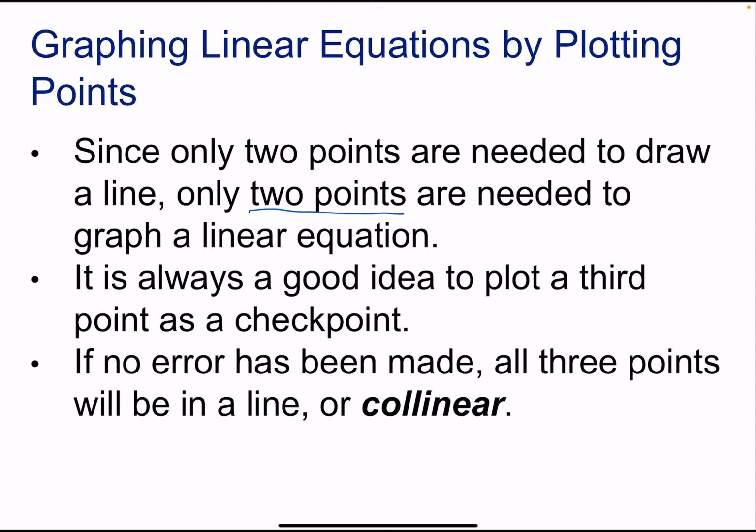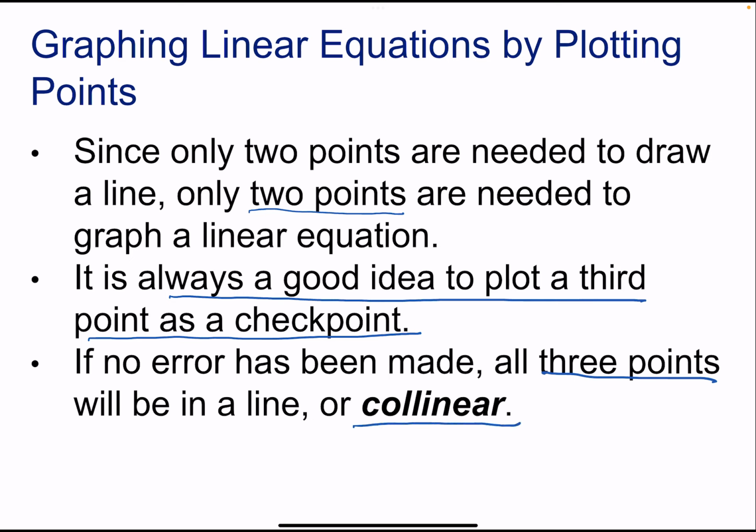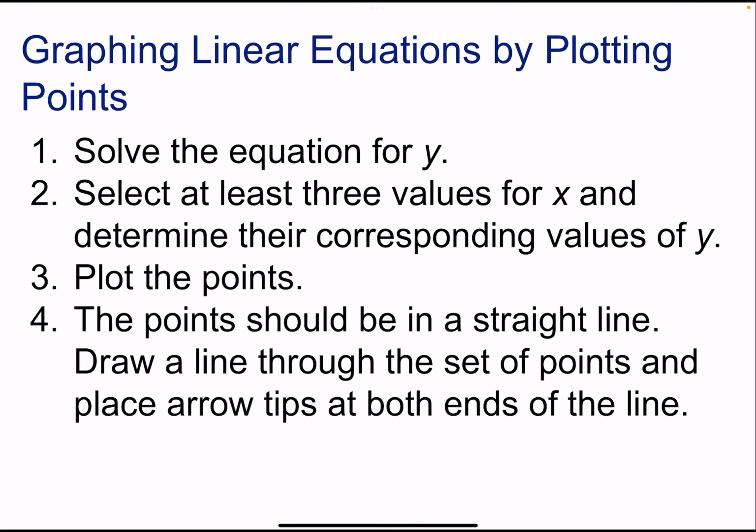Now, a lot of the time in practice, we also find a third point just for checking that the other 2 points are found correctly. Because all 3 points should be on the same line, they are said to be collinear. Here are some specific steps you can take.